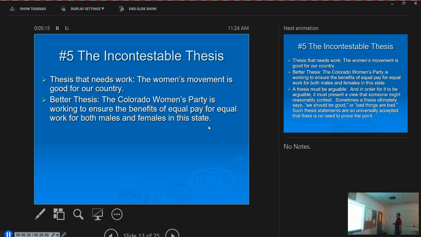The Colorado Women's Party is working to ensure the benefits of equal pay for equal work for both males and females in this state. Okay, so this gives the writer something to prove. Has to show how the Colorado Women's Party is doing this, in what ways they're doing this, what equal pay means, all that sort of stuff.